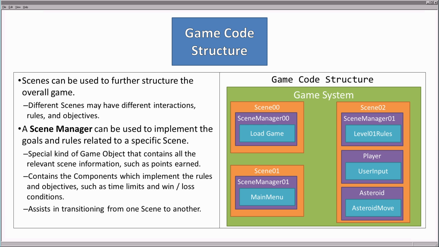The scene manager can be considered a special kind of game object that contains all the relevant scene information, such as points earned. The scene manager contains components which implement the rules and objectives, such as time limits and win and loss conditions. The scene manager also assists in transitioning from one scene to another.